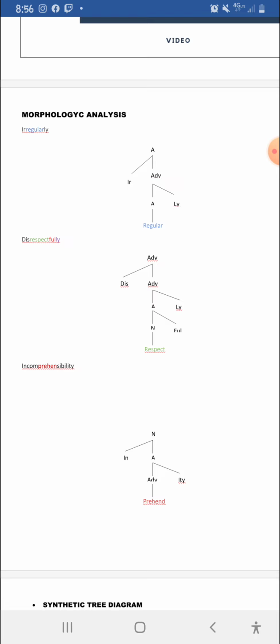The main morpheme is the word respect. We have as prefix dis and as suffixes ful and ly. In the same way we center the word respect.